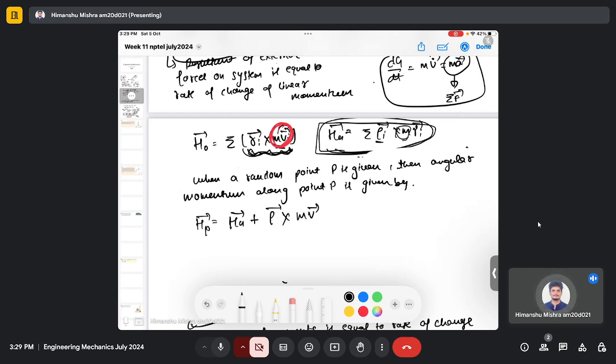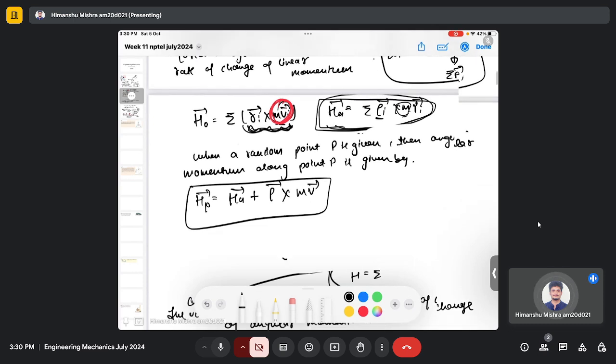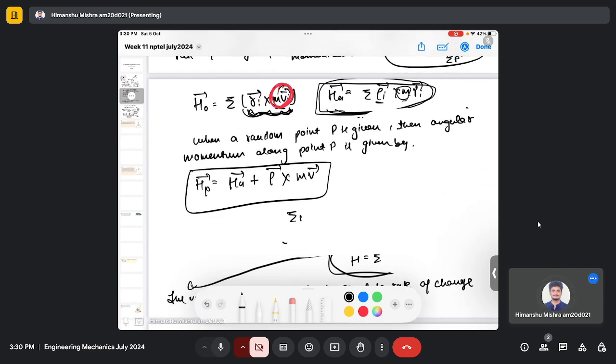So this will be my expression for the angular momentum at some random point P. And similarly, my moment at point P will be the moment at point G plus rho cross the summation of force.